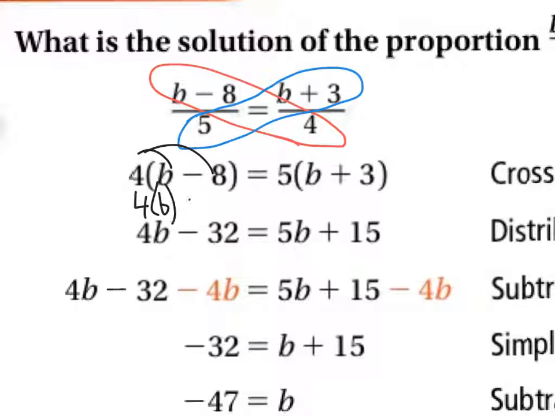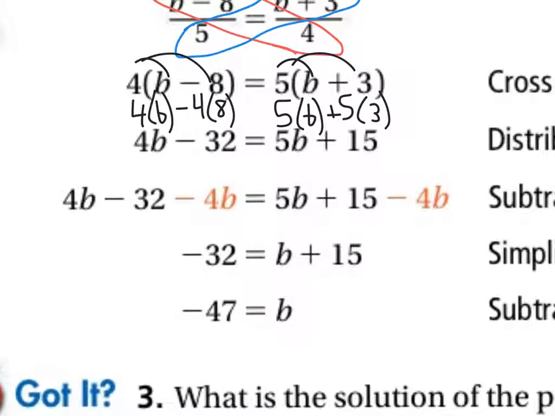And in fact, if you want to include that step there, you can. So that's 4b minus 32. On the other side, we're going to do 5 times b plus 5 times 3. Okay, so I would either draw the arcs as you go or write that step in between. Whatever you need to do, make sure you're distributing to everything on both sides.